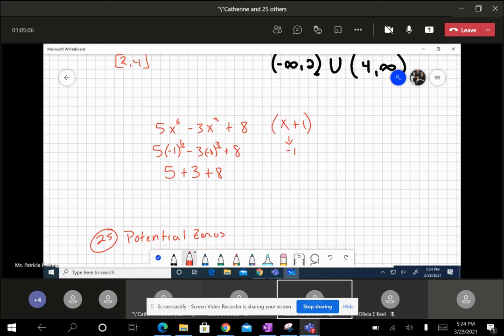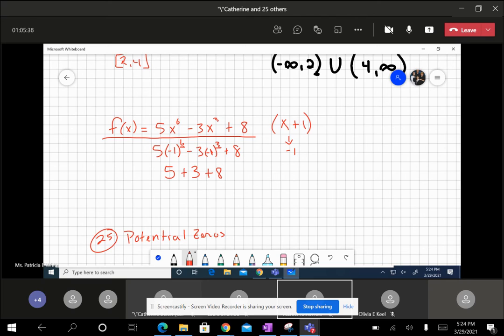I don't have a problem on here that specifically asks it, but one of the things that helps you with solving is Descartes' rule. If this is my f of x right here, what's the maximum number of solutions I'm going to have? 6, right?